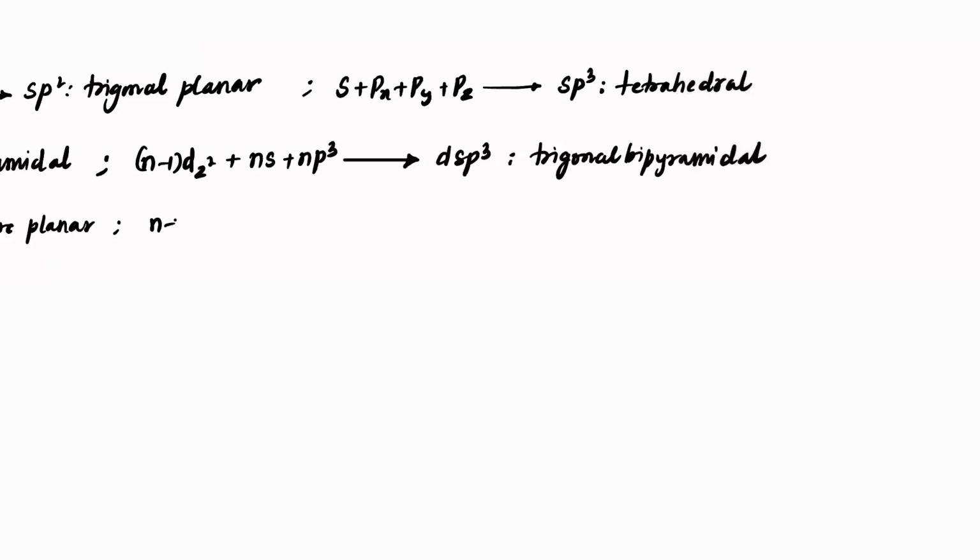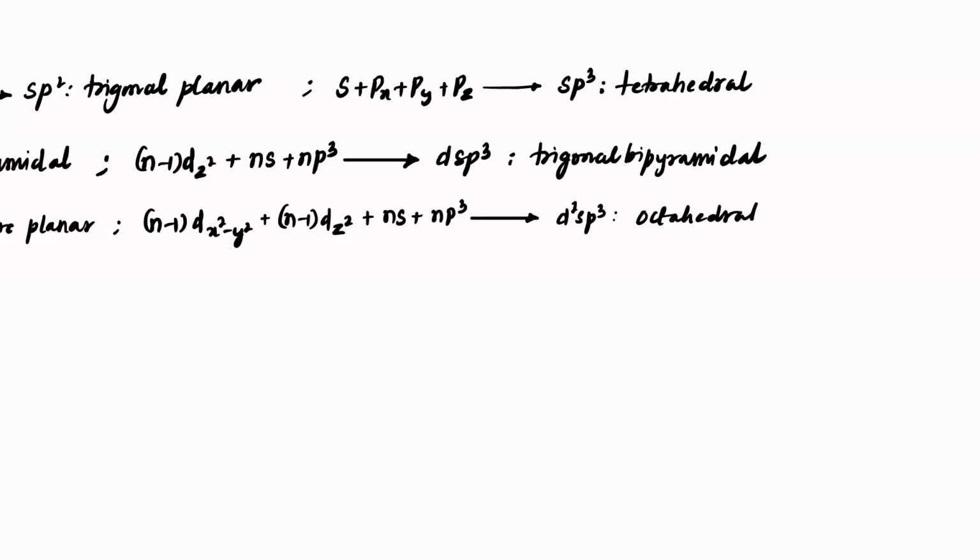And next one we have n minus 1 d x square minus y square plus n minus 1 d z square plus ns plus np3, all three orbitals. If you mix it, we will get this as d2sp3. d2sp3 is going to be octahedral geometry.